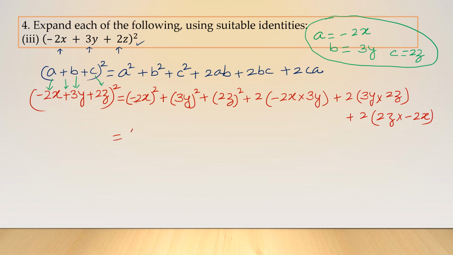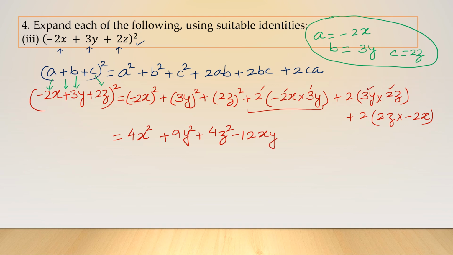Square of minus 2 is 4, x square plus square of 3 is 9, 9y square plus 4z square. Now if you multiply these 3 into minus 2 is minus 6, minus 6 into plus 2 is minus 12. So minus 12 xy.